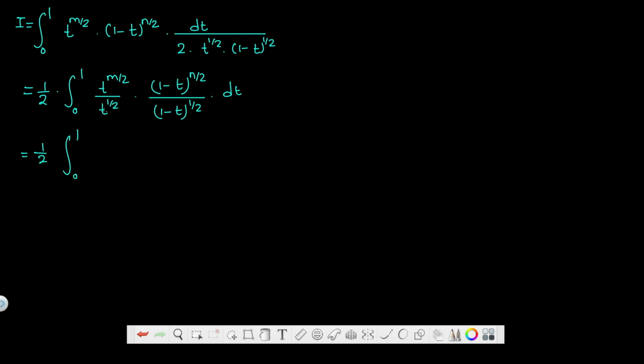Since the base is the same, we can subtract the powers. We get t to the power m by 2 minus 1 by 2 times, here also the base is the same, so we subtract the powers, 1 minus t to the power n by 2 minus 1 by 2, dt, equals 1 over 2 integral from 0 to 1 of t.